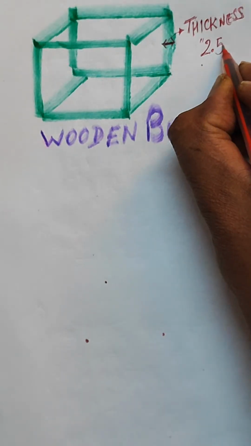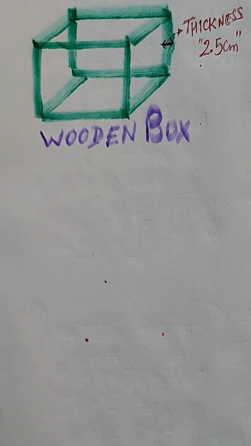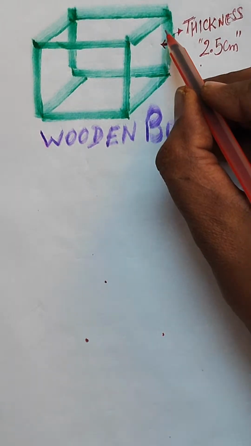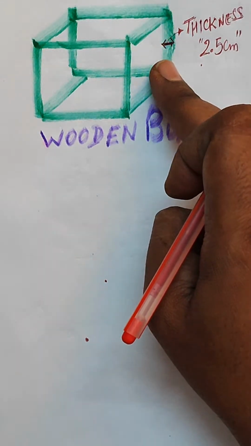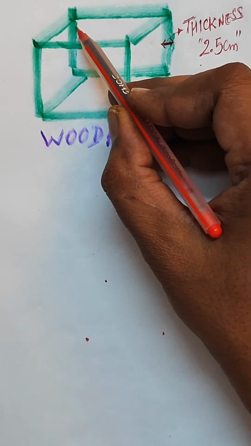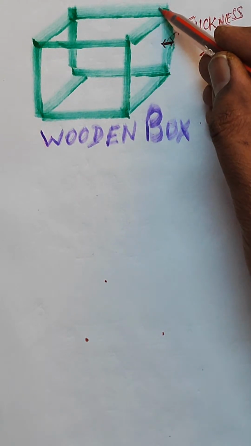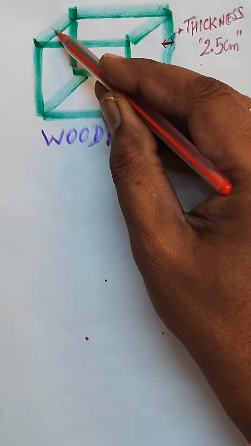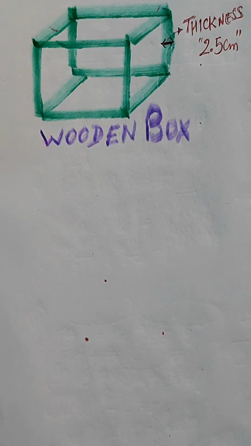That means if a 2.5 centimeter slab is used to make this box, it would be the same 2.5 centimeter over here, and the same 2.5 centimeter thickness over here.